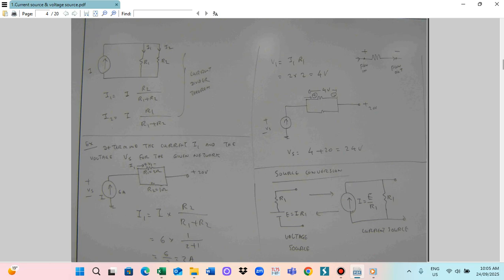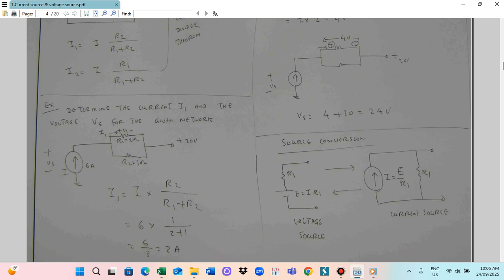The formula for I1 is the current I multiplied by R2 divided by R1 plus R2. And I2 you can calculate as I multiplied by R1 divided by R1 plus R2. So this is the current divider theorem. This theorem we call the current divider theorem.